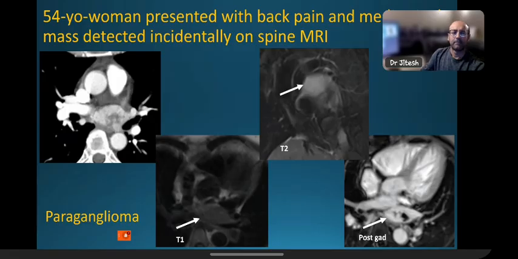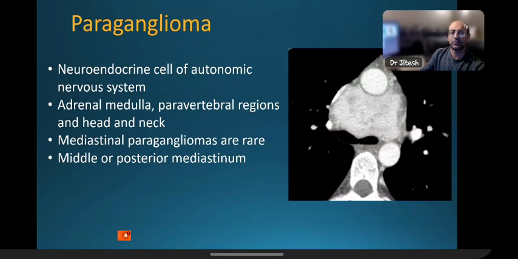And paragangliomas we usually see in the adrenal medulla or paravertebral regions or head and neck. These are tumors which arise from the neuroendocrine cells of the autonomic nervous system. Mediastinal paragangliomas are rare, but it is one of the sites for extra-adrenal paraganglioma or involvement of this neoplasm.